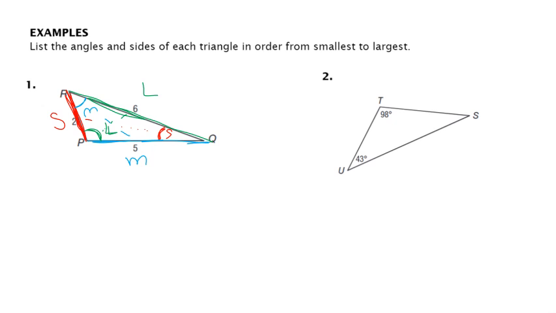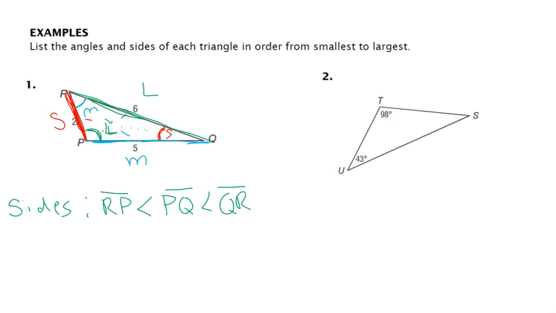So if I'm going to list the angles and sides in order from smallest to largest, for the sides, the smallest we said was RP. We then said it was PQ, or QP, same thing, and then QR.